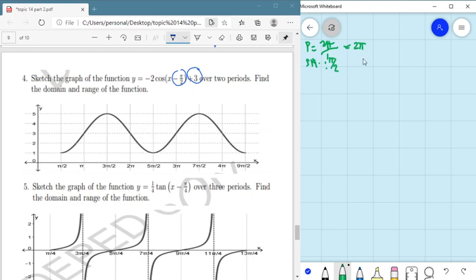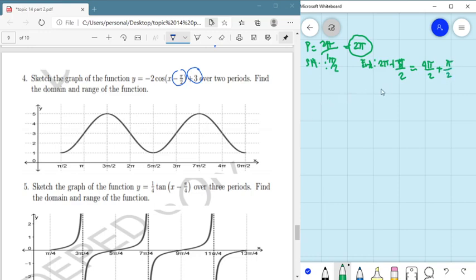Okay? So, for your ending, if you start at pi over 2, you end at 2 pi plus pi over 2. Okay, this 2 pi is what we use. This is equal to 4 pi over 2 plus pi over 2.